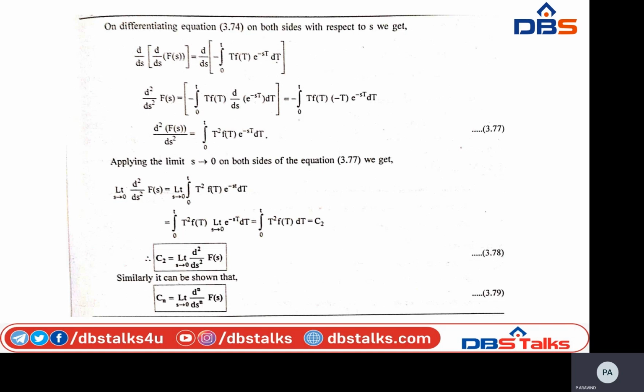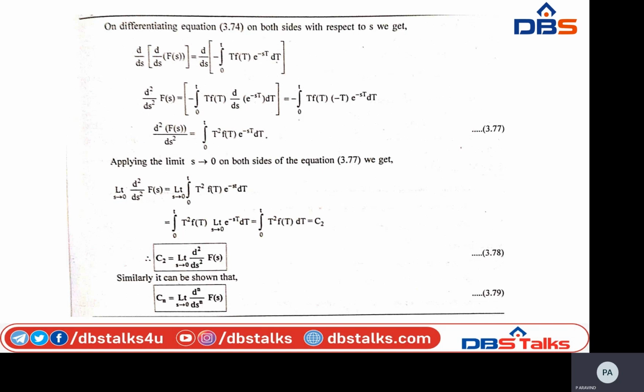Likewise, you can find cn equal to limit s tends to 0 of d power n by ds power n of F(s). So these are the generalized error coefficients, right?